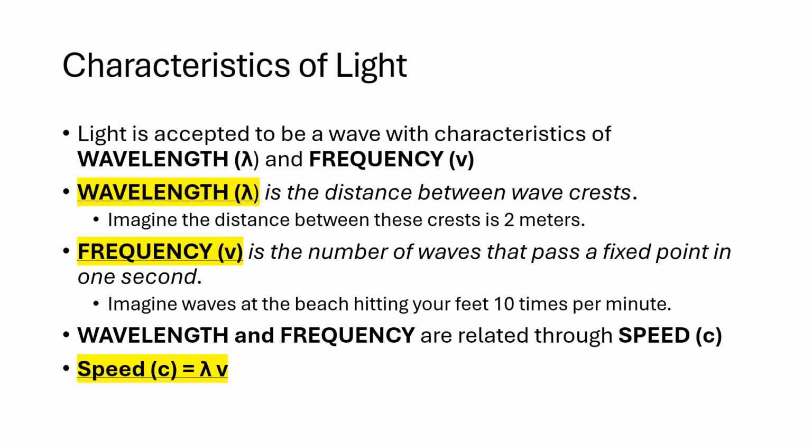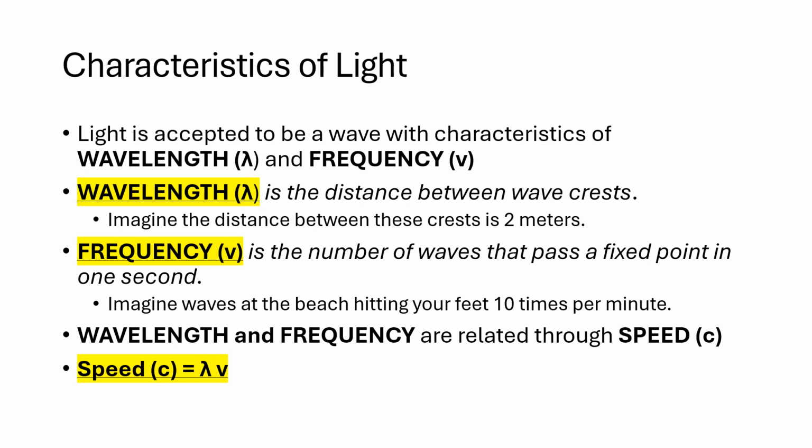Okay? So light is accepted to be a wave with characteristics of wavelength and frequency. So when we talk about light and atoms, you can also think of it as a water wave, like in a pool or a lake or an ocean, okay? So these are other definitions you'll have to know. Our wavelength is the distance between our wave crests, all right?